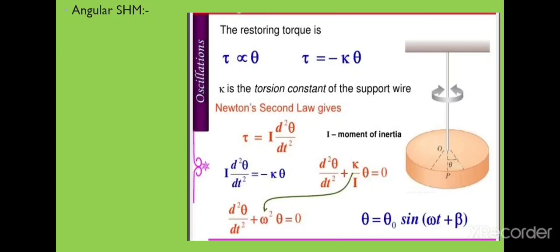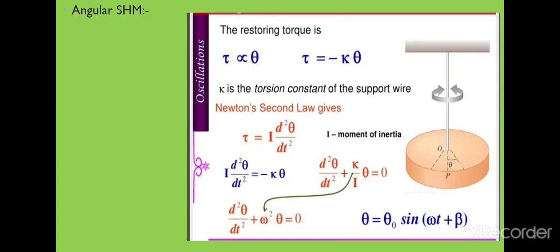This motion is given by the restoring torque in the wire. That means in this wire, the restoring torque is formed, and this restoring torque is always opposite to the angular displacement theta, and its magnitude is directly proportional to the angular displacement.